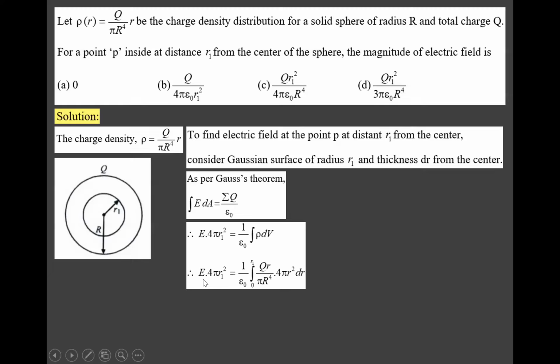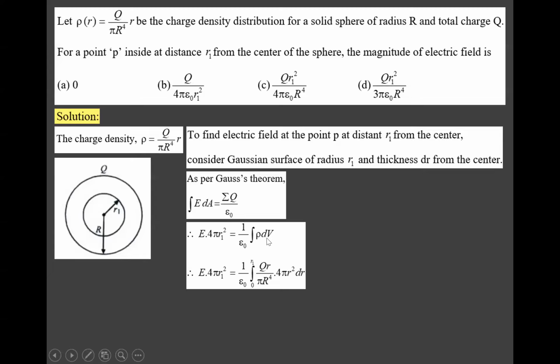The left hand side is kept as it is: E 4 pi r1 square equal to 1 upon epsilon 0 times the integration, which is carried out from 0 to r1. So we can calculate the net charge enclosed by this particular Gaussian surface. Density is Q upon pi R raised to 4 into r.